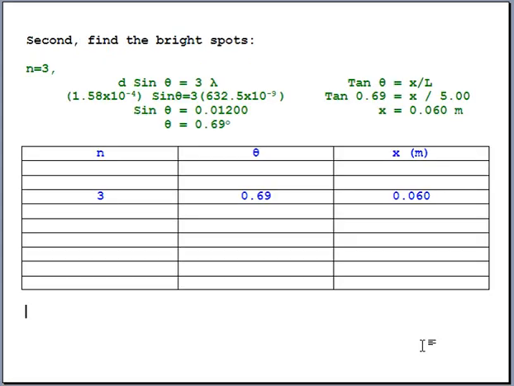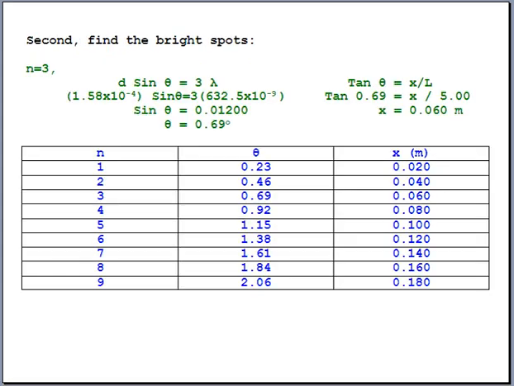So when we have this table all filled in, it's like, yeah, that was going to work, but unfortunately, this one's going to have trouble showing up. Oh, and this one too. So you'll see a bright dot right in the center, and then as you work your way out, either to the left or to the right, at 2 centimeters, 4 centimeters, 6 centimeters, but you won't see one at 8.